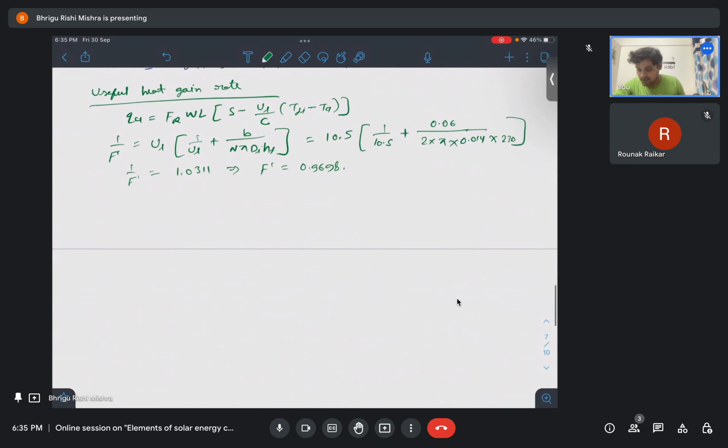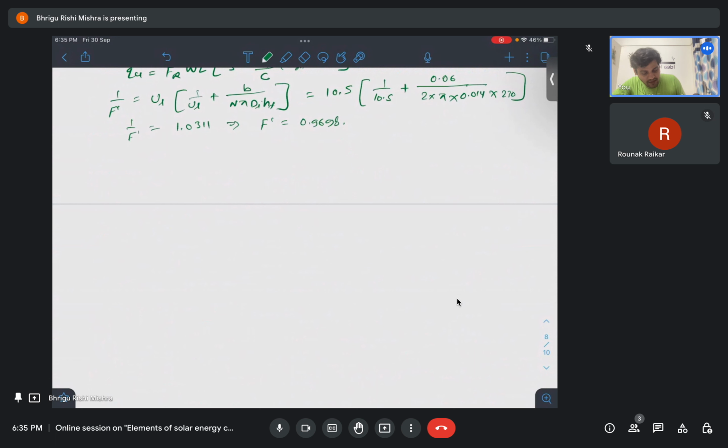and solving this you will get F dash equals 0.9698. Okay, so now we can calculate the heat removal factor FR, which is m dot Cp by B UL into 1 minus exponential of minus F dash B UL L by m dot Cp.